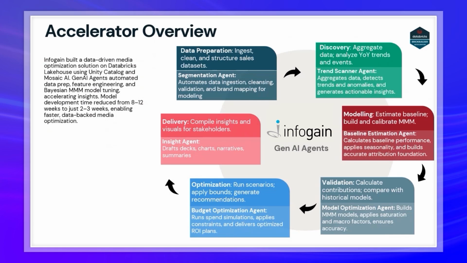This involves data preparation, where we have utilized certain agents, then the discovery phase, the modeling phase, validation, and optimization. For each of the phases, we have introduced certain agents. Let's take a deep dive into the agents in the upcoming slides.